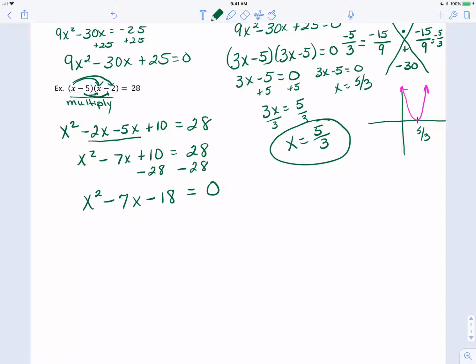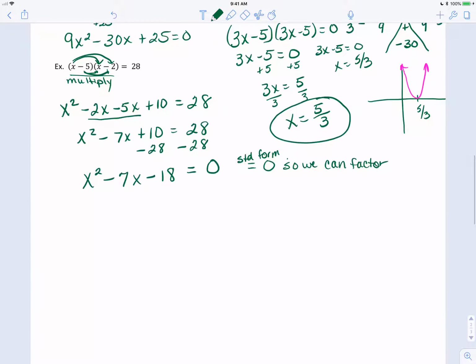All right, so now we're ready to factor it. So we had to have it equal to 0 so we can factor, because now it's in standard form. Okay, so all of that just to get to this point.